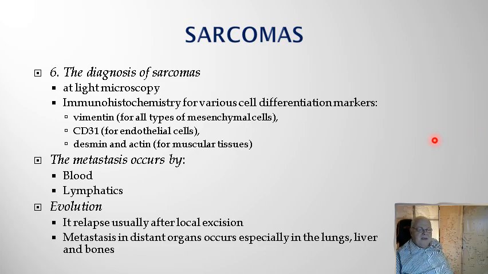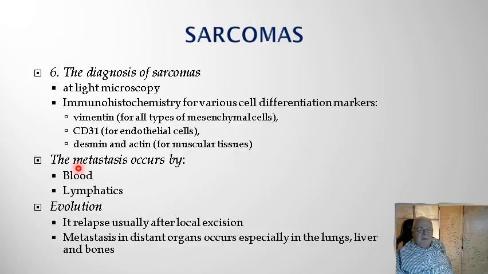The vimentin is not very useful. It's used, but it's not very useful because it's positive in all sarcomas, not with any difference, but is important for making the difference with an undifferentiated tumor other than sarcoma. Otherwise, we have some markers, for example, CD31 for endothelial cells, desmin and actin for muscular cells, and so on.